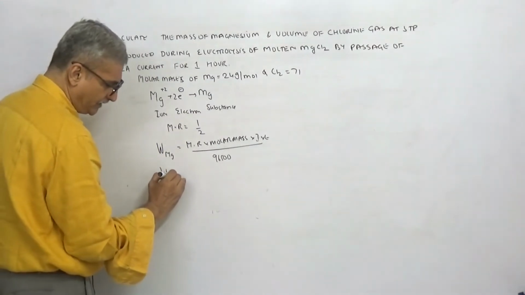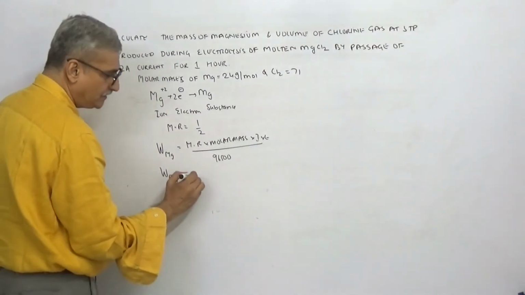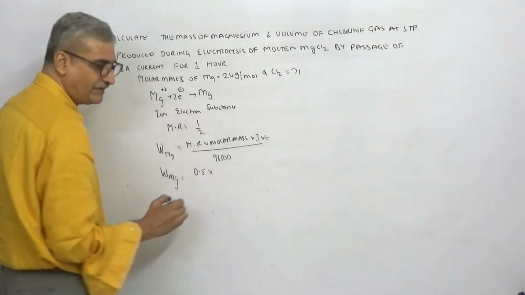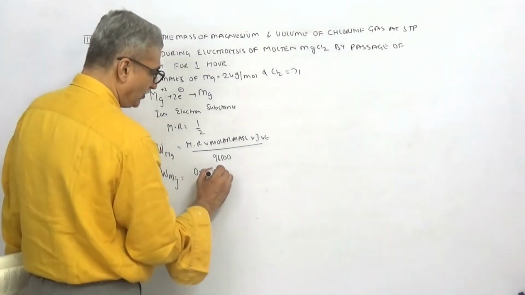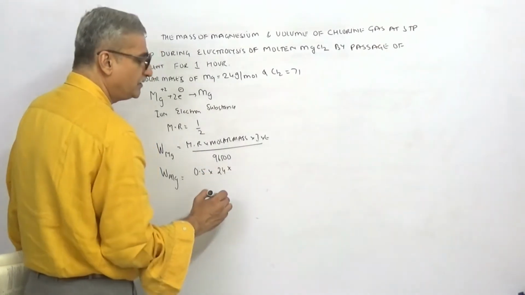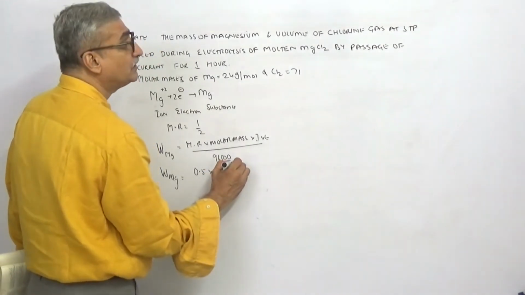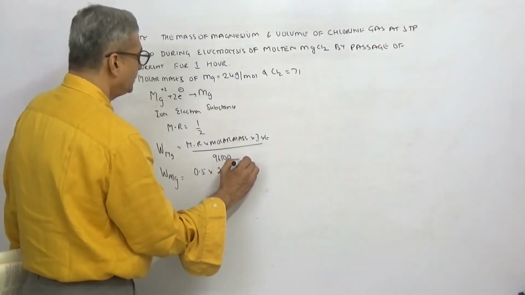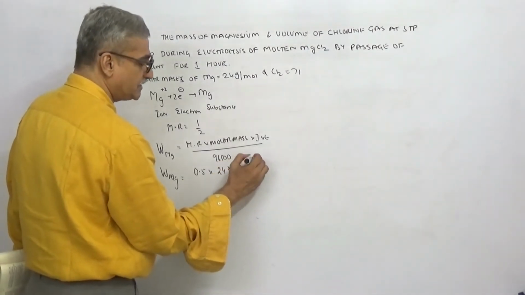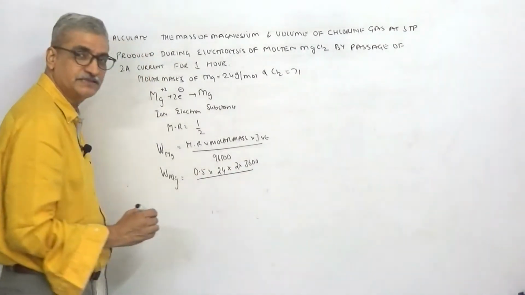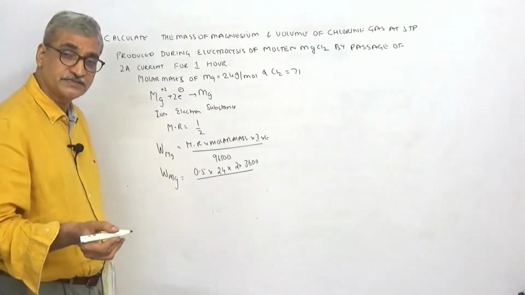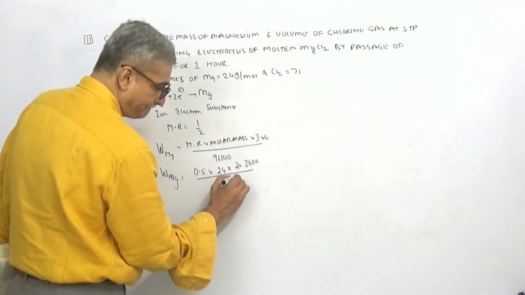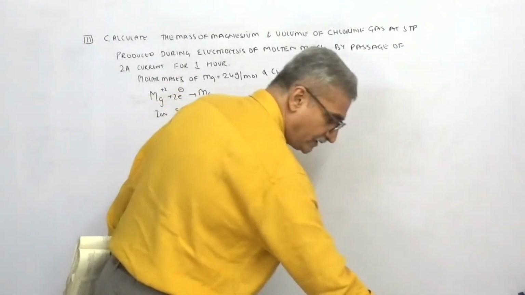So your weight of magnesium will be, mole ratio is 0.5, molar mass is 24, into I, the current was how much? 2 amperes. 1 hour is 60 minutes, 60 into 60, 3600 seconds, divided by 96,500 coulomb.